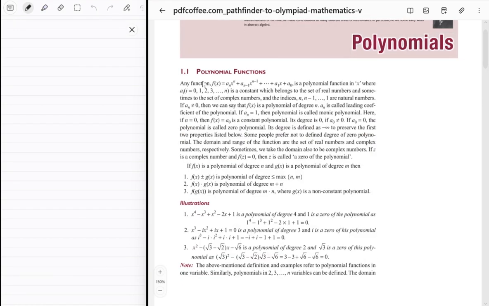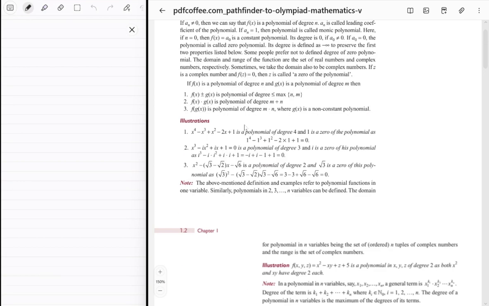Yeah, whatever. First, polynomial functions, they got the definition or something. And then they have these rules. f(x) plus g(x) is a polynomial of degree less than or equal to the maximum of n, m. Makes sense. f(x) times g(x), yeah, so we can do that. No big deal. This is a polynomial of degree 4 and 1 is a zero of the polynomial. Okay.